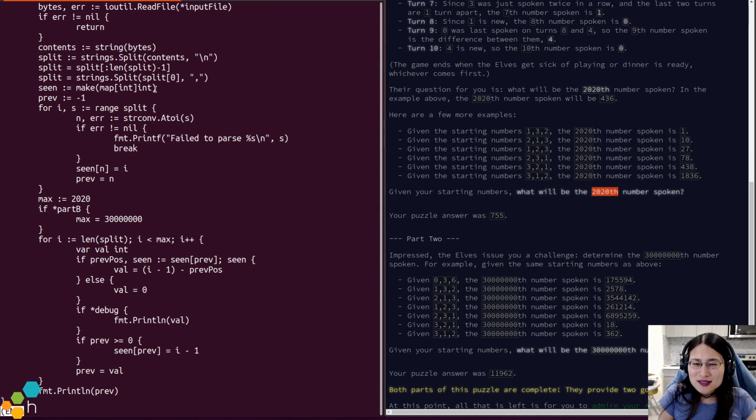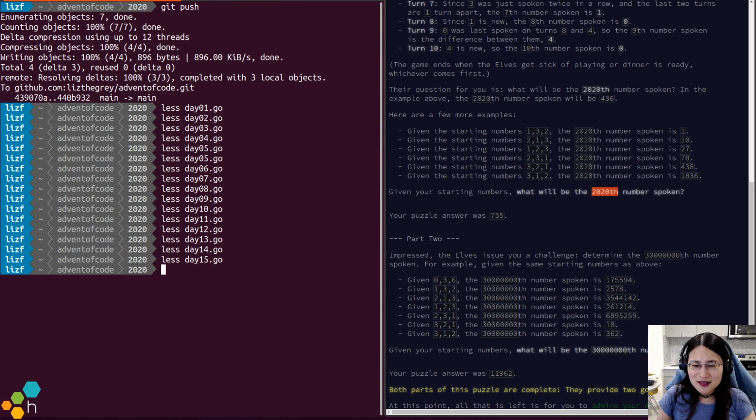So the optimization that you needed to make was to keep track of not just a list of every number you had seen before, but instead storing the turn number on which you saw each previously seen number. So if you stored that map of number spoken to turn number, you didn't need to store the sequence of every number ever spoken, and you didn't need to linearly search through in order to find every number. So a lot of people, again, fence painted there where they needed to instead use a hash map.